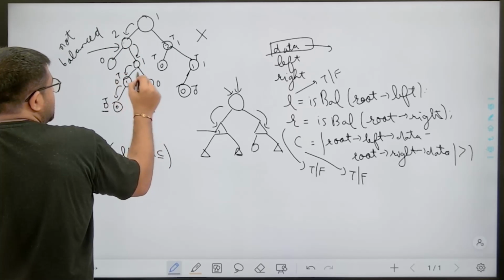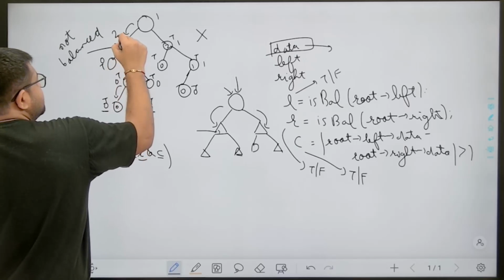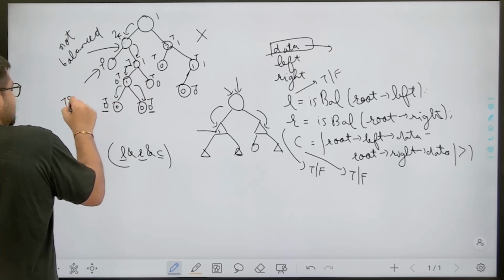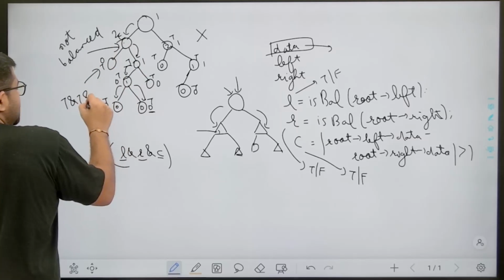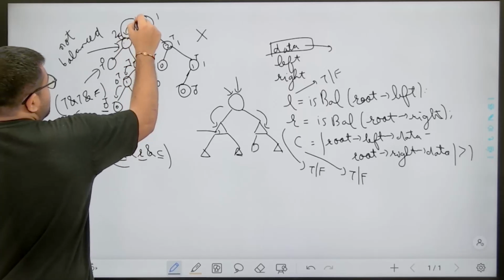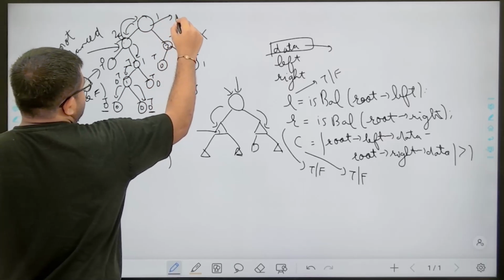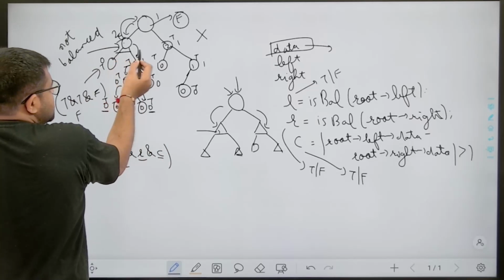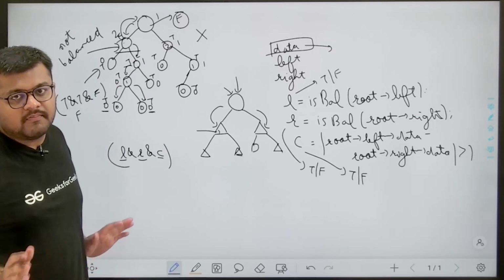Left subtree will return true, right subtree will return true, but this will return false. So if I take an AND between all of them, it will return false. And finally, this will also return false to the main function, telling that this tree is not balanced because there was at least one node which was not balanced, okay.